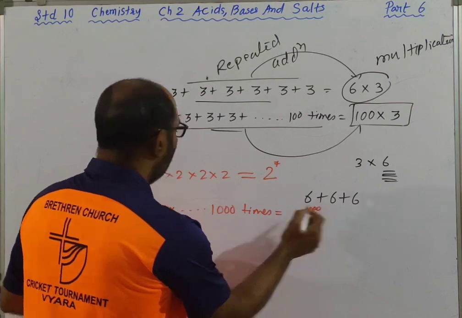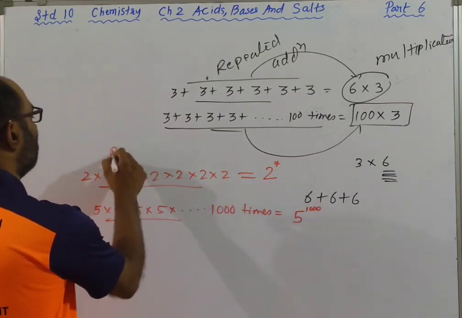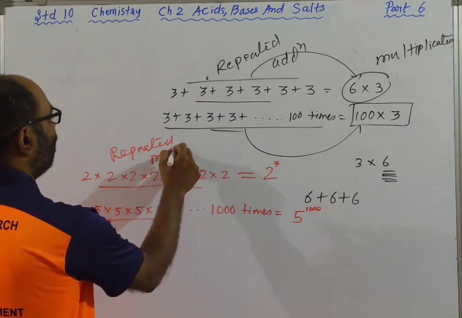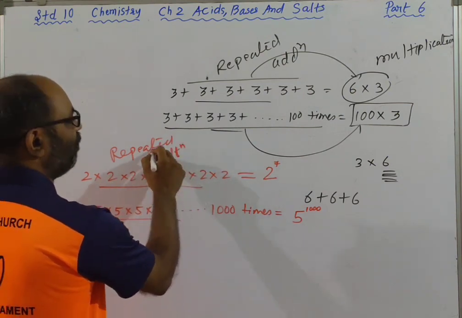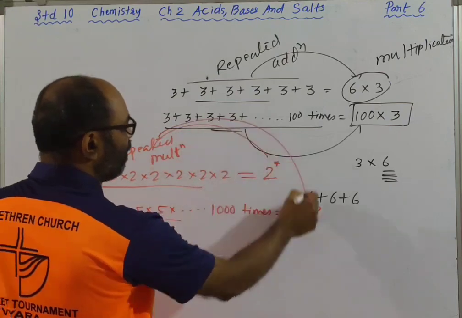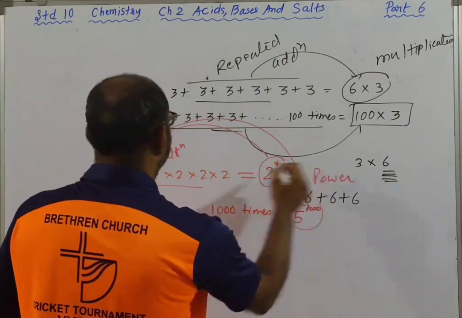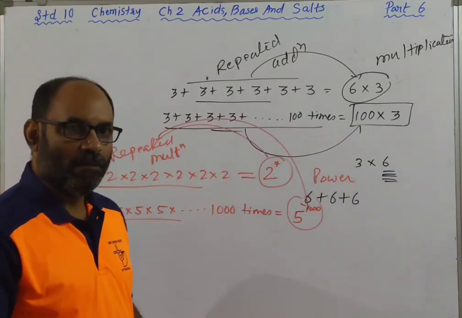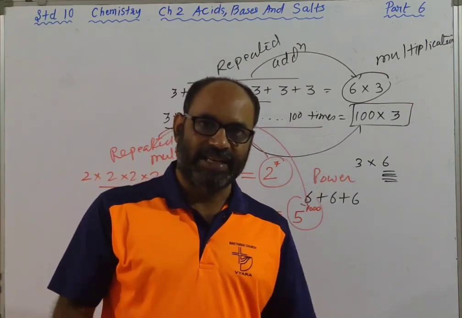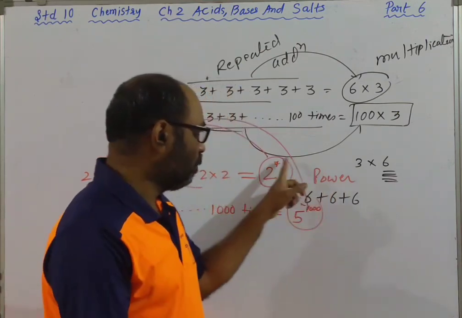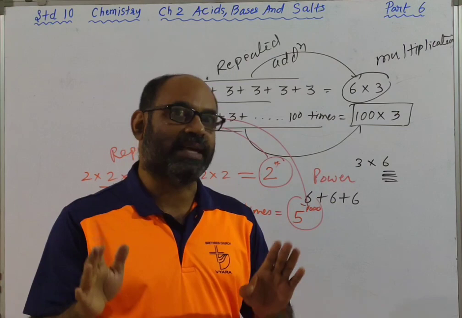So this is repeated multiplication. But to make it convenient, it is expressed in brief, and this is called power. So repeated multiplication gave birth to power. So instead of writing any number repeatedly multiplied with itself, expressing that same thing in power is convenient.